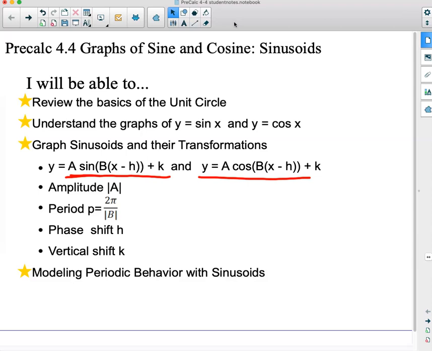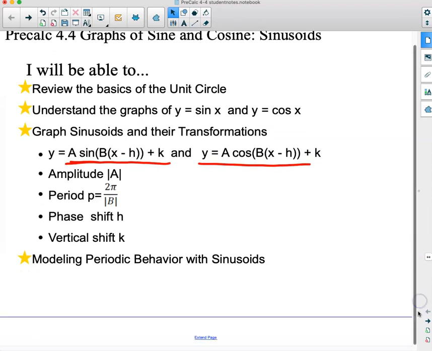And notice this has 2 pi over the absolute value of B, because B is responsible for that horizontal stretching or compressing, and when that happens, that's going to change what we have for our period. And then a phase shift of H, a vertical shift of K, totally used to that. And modeling periodic behaviors with sinusoids, way in the future. We've got at least 3 days here before we can start working in the word problem sector.